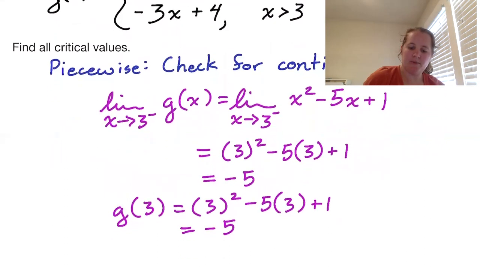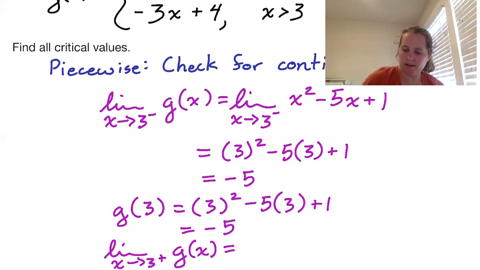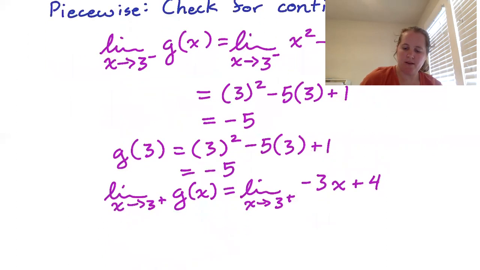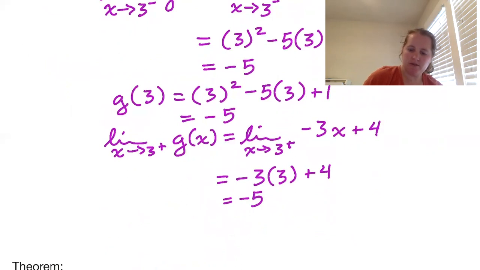Then the limit as x approaches 3 from the right of negative 3x plus 4 gives negative 3 times 3 plus 4, which is again negative 5. So all of these match, and we do have continuity.